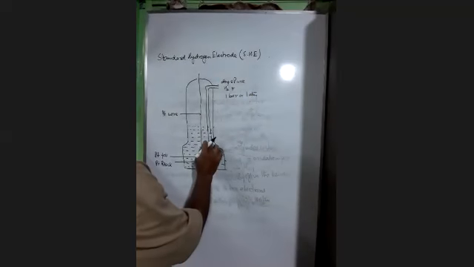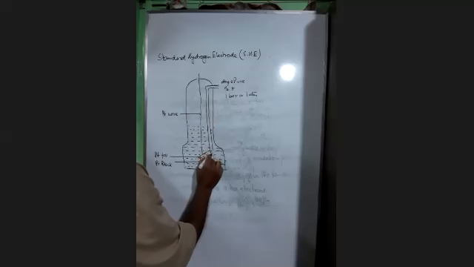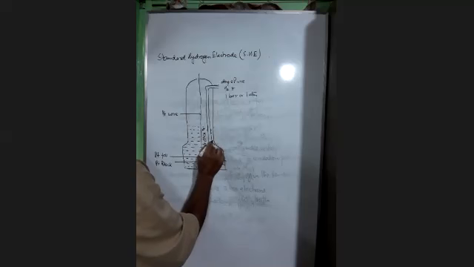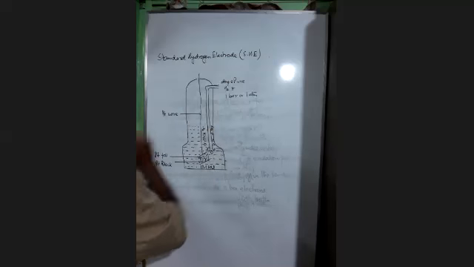Because if you go for SI system, you have to go for 1 bar. Okay, so when hydrogen comes out, what will happen now? So this hydrogen will come out like this.